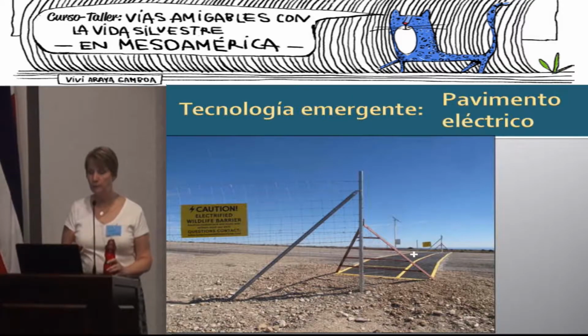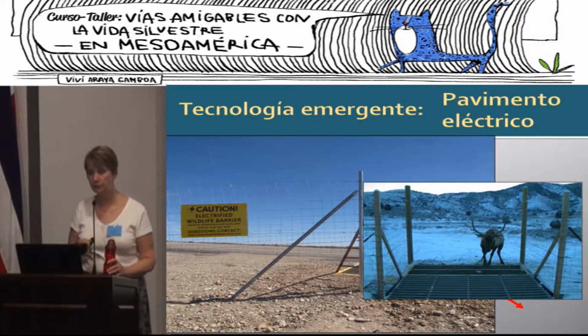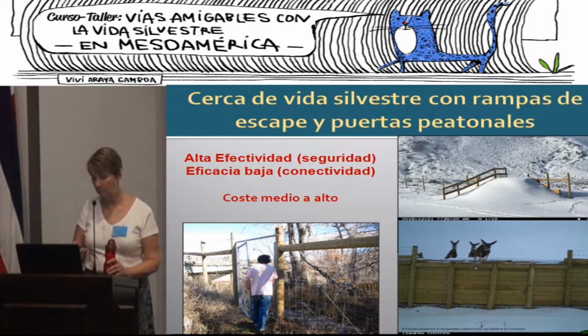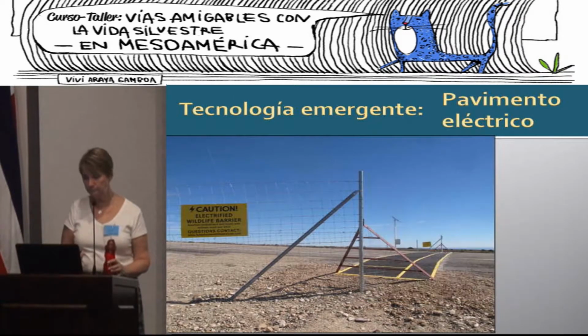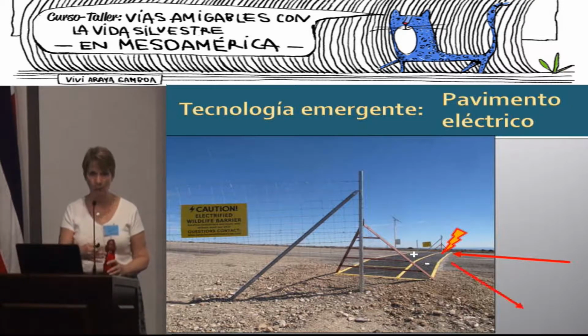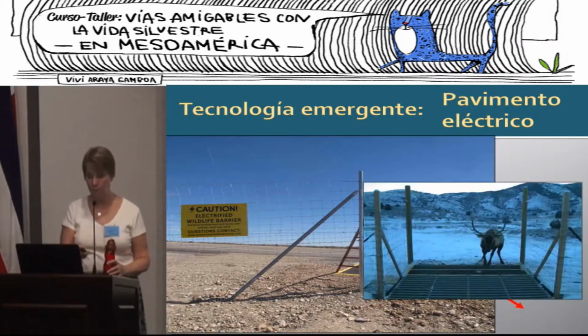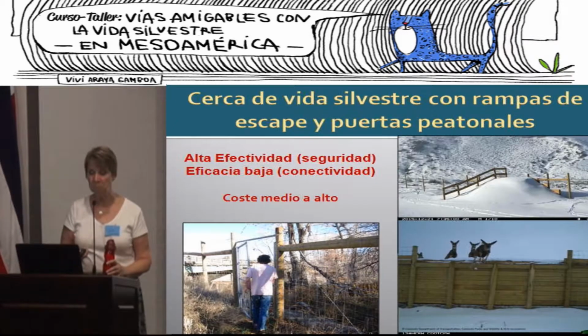Okay, one technology that is still kind of emerging is the idea of electrical in-the-ground structures. And the idea there is to electrify a certain part of the road, so that at the end of a fence animals don't go around and go back into the road, because they don't like to be electrocuted.